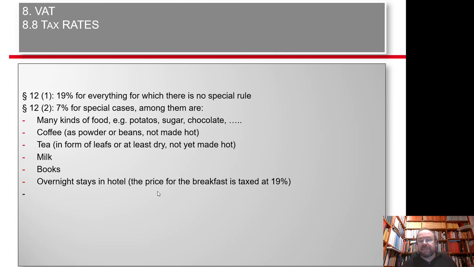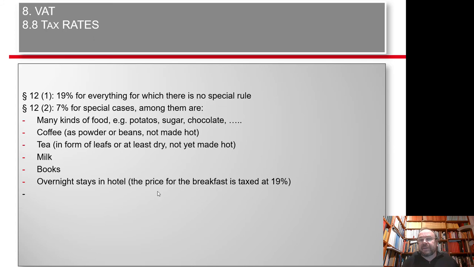12(1) and 12(2) give the tax rates. 19% is the standard rate, and it applies to everything where we don't have a special rule. A special rule you have, for example, for food, any kind of meals: potatoes, sugar, chocolate, and for some things which you can drink, but only in the most primitive version.